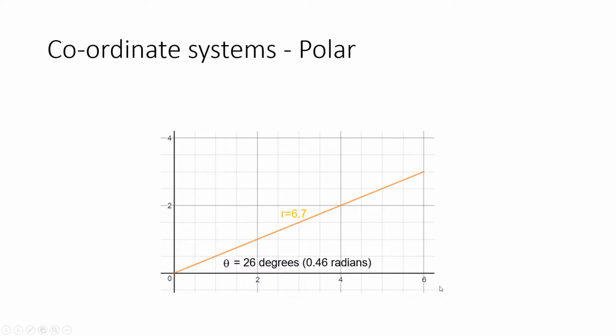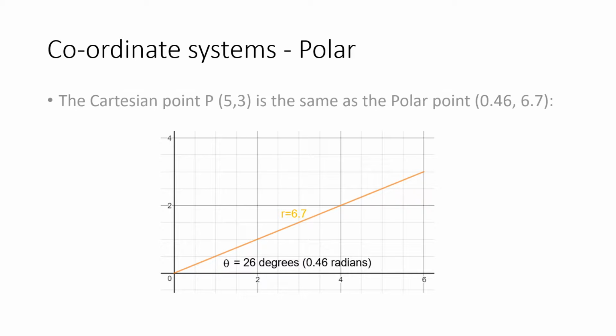So instead of saying 6, 3, you could just as easily specify 6.7, 26 degrees, or 0.46 radians, which is the same amount in a different measurement. We'll see what radians are a bit later. But polar is a different way of specifying it. It may sound like a more difficult way to do it, but it actually has some benefits, otherwise you wouldn't bother.